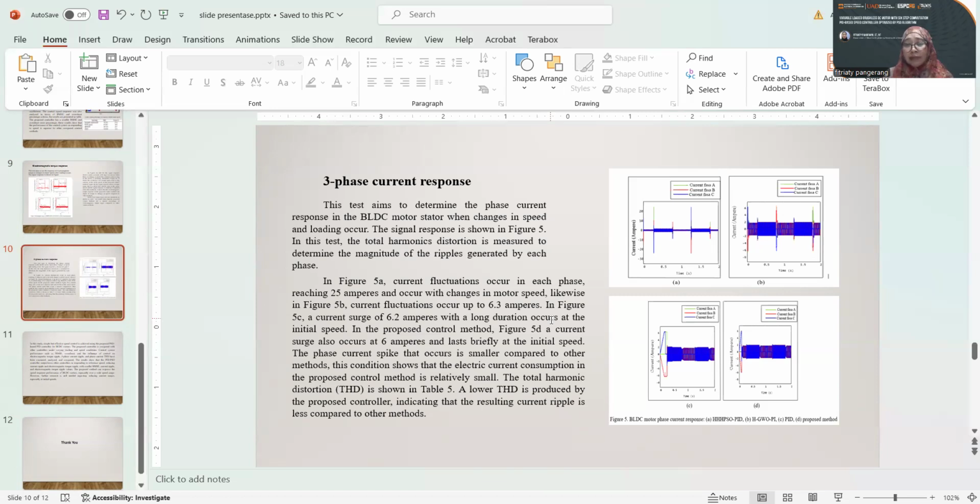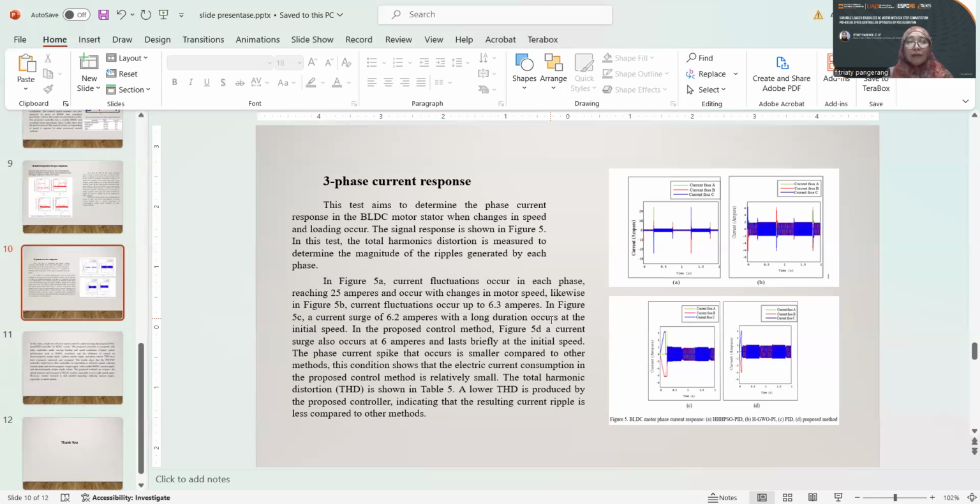In figure 5A, current fluctuation occurs in each phase, reaching 25 ampere, and occurs with change in motor speed. Likewise, in figure 5B, current fluctuation occurs up to 643 ampere.